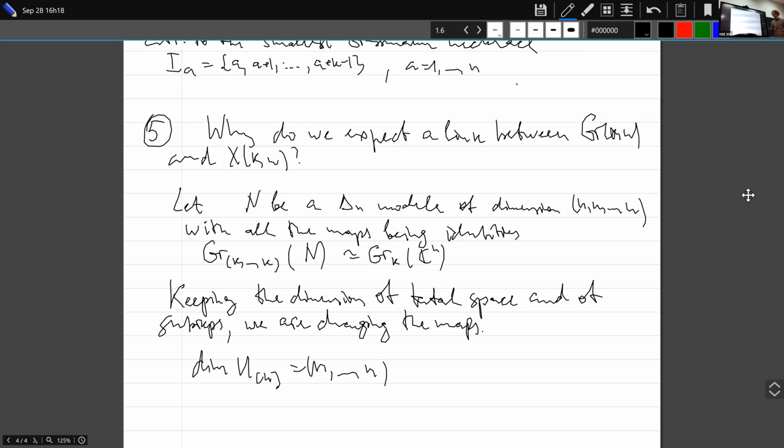So you might somehow be interested in the question of what's happening when you are changing the ranks of the maps. And the claim here is that the dimension of this quiver Grassmannian does not change, although the variety is very different. So in particular, we see that it becomes highly reducible.